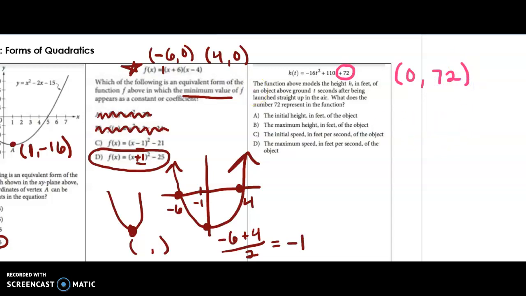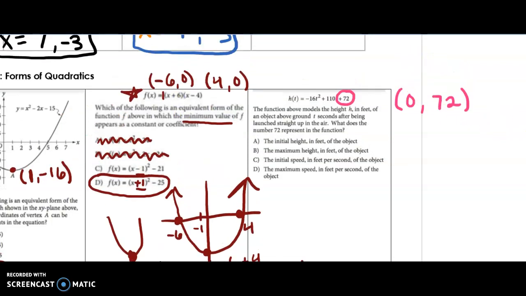And so if we write our y-intercept as a point, and we think about what each of these numbers represents, the 0 represents seconds. The 72 represents the height in feet of an object above the ground. So 72 represents height, and we can go ahead and say, in feet.